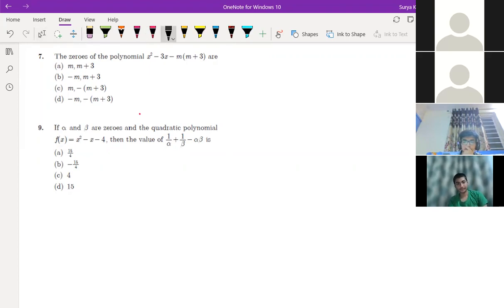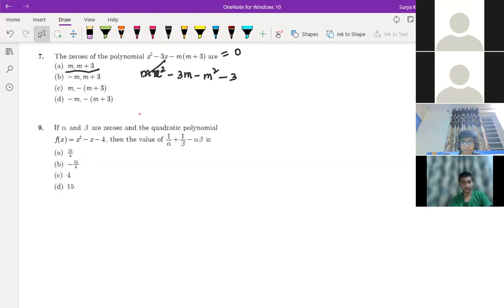See what Praharshan is telling, that directly you put the value of m in the equation and that should come equal to 0. Suppose instead of x you put m. So what you get? x square minus 3m and minus m square and minus 3, right, Praharshan? Yes. Here also m square only. Instead of x we are putting m.